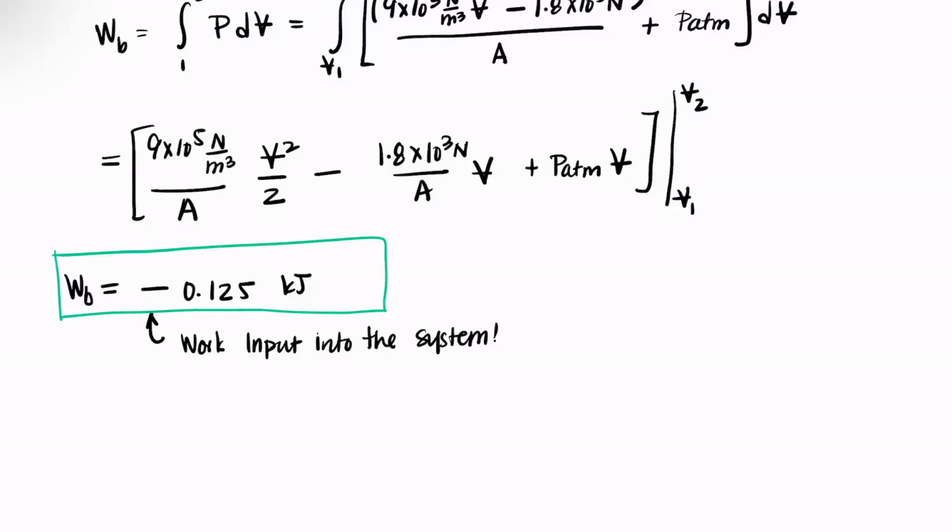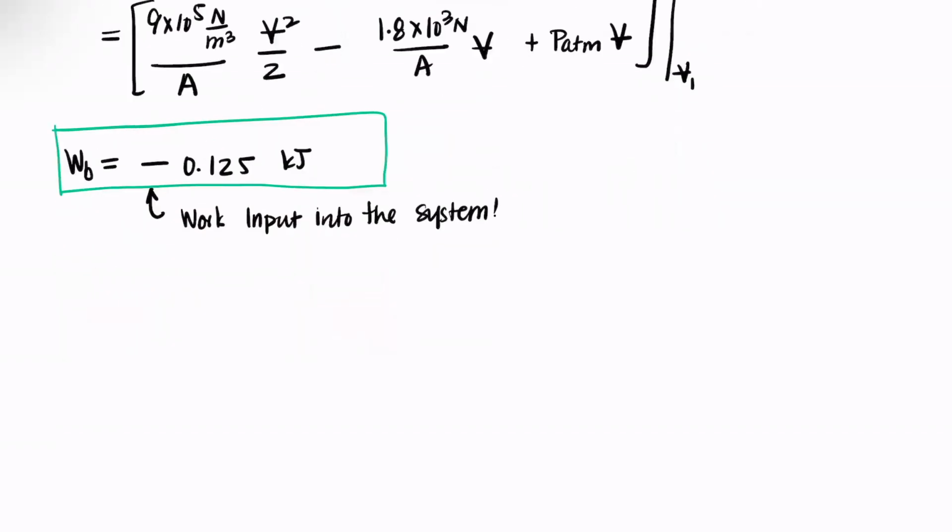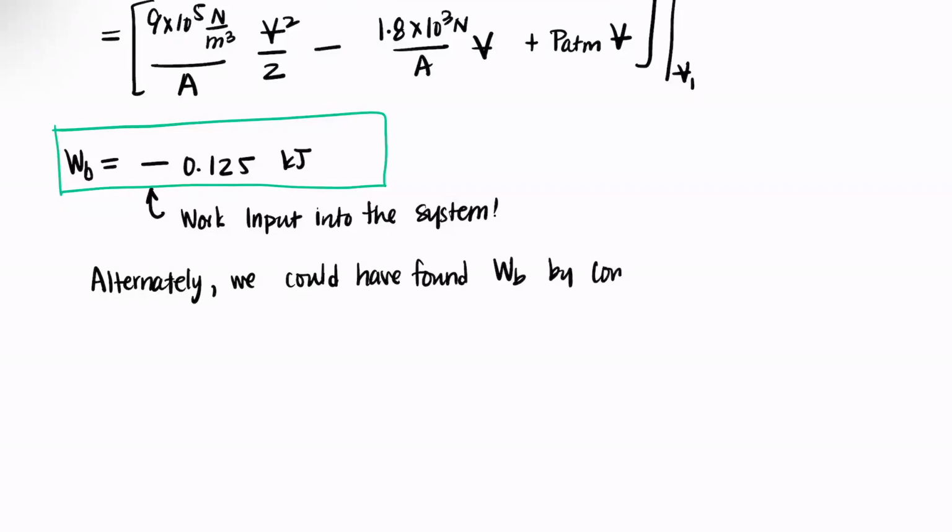And just to note, we could have also done this by finding the area under the curve. Let me do this over here. So alternately, we could have found WB by computing the area under the PV curve, which looks like this.